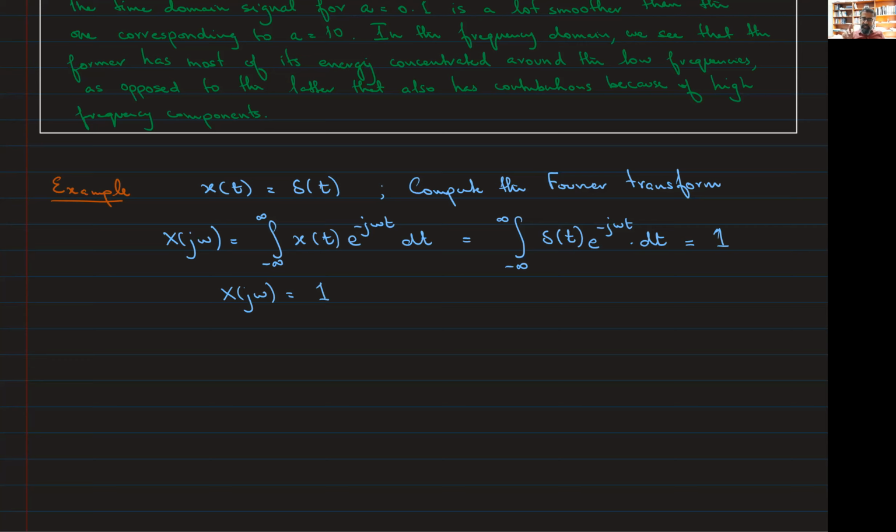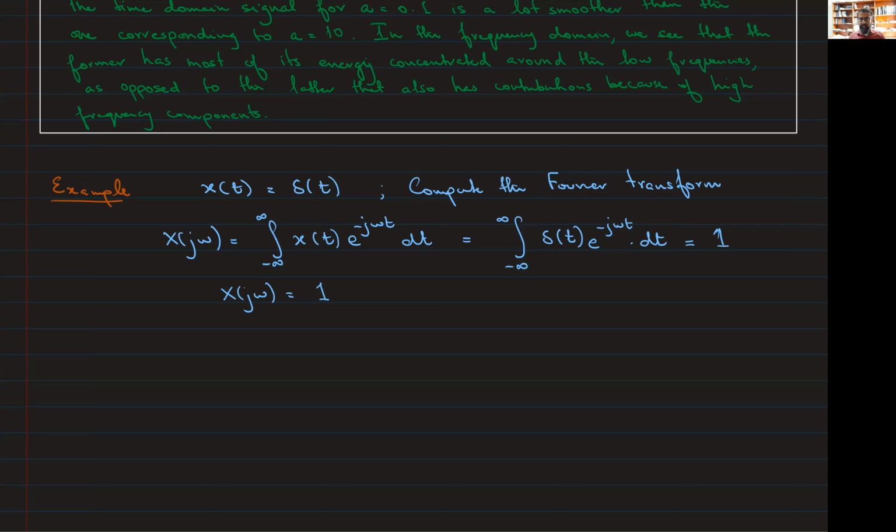So the rate of change, if you will, of this delta function around t equals 0 is infinitely high, right? And that's one of the intuitive explanations behind why you need so many high frequencies to make up the delta signal.